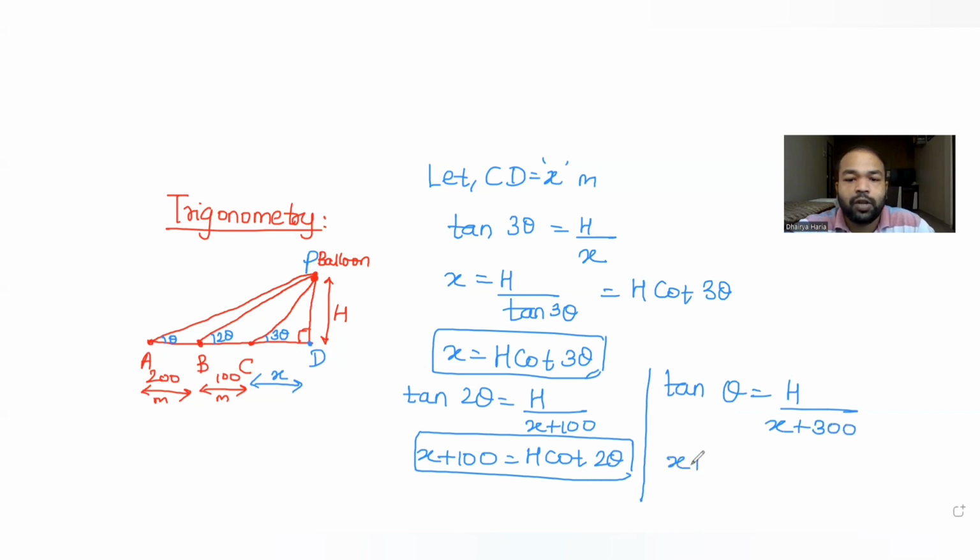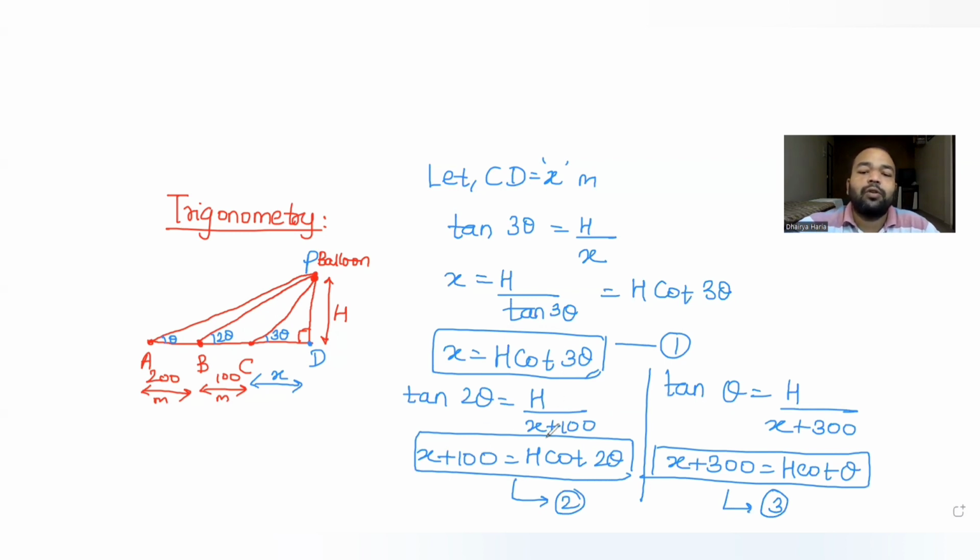So X plus 300 becomes H cot theta. This is equation 1, this is equation 2, and this is equation 3. Now let's solve these three equations and evaluate the value of H.